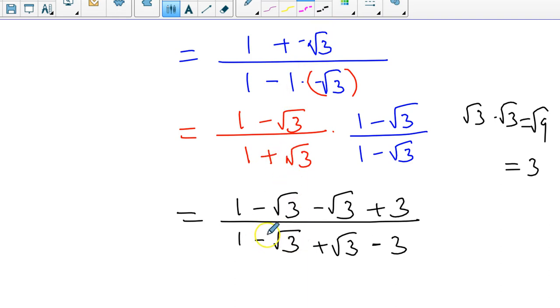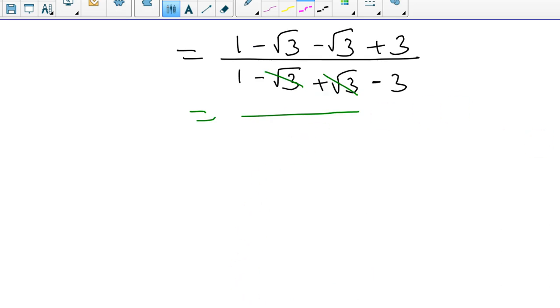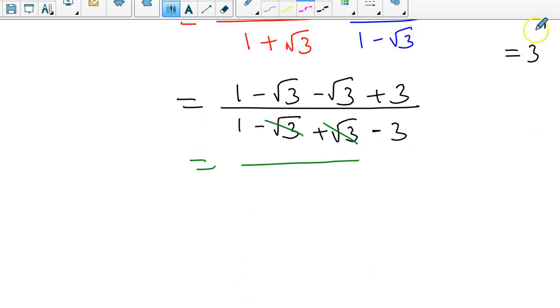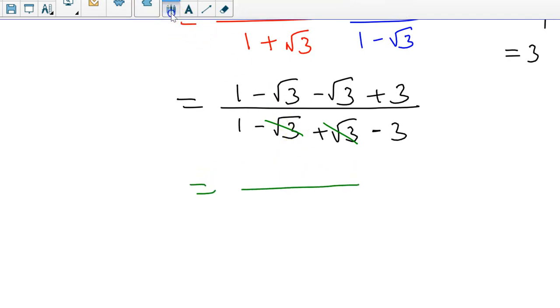Here in the denominator, negative root 3 plus positive root 3, they got cancelled. That is the whole purpose of multiplying and dividing by 1 minus square root of 3. Okay, so now what happens here? Let us see. Right. Now 1 plus 3 is how much?